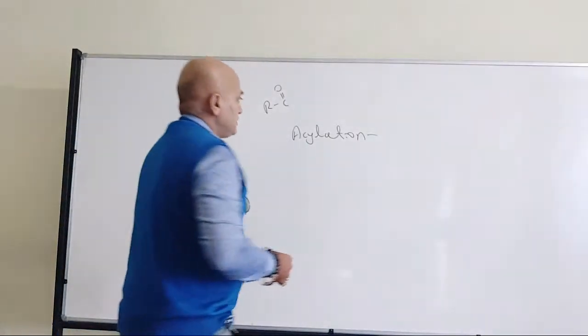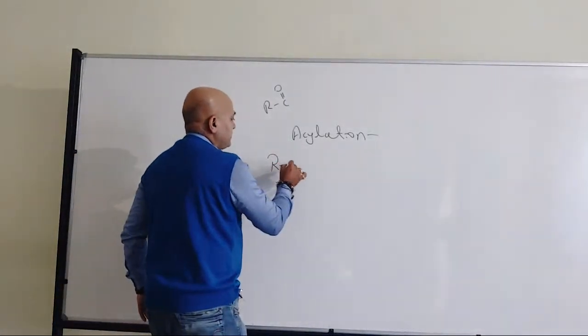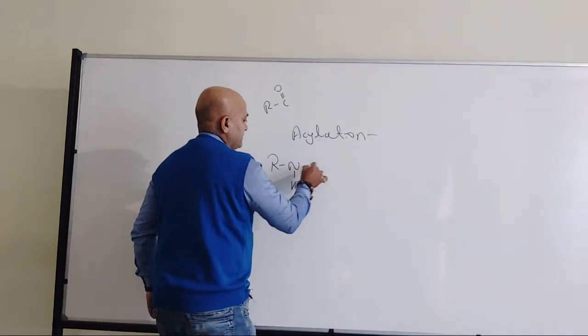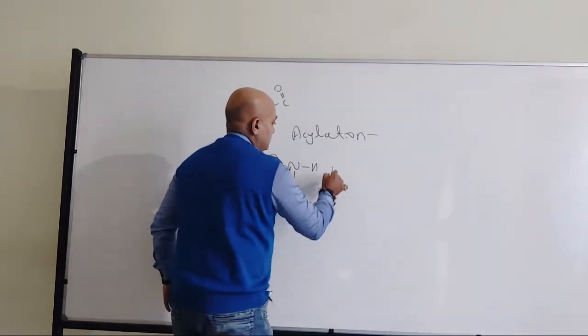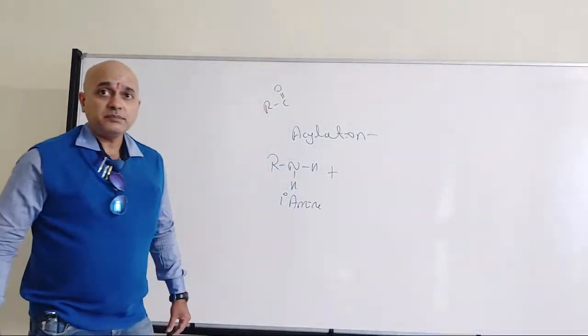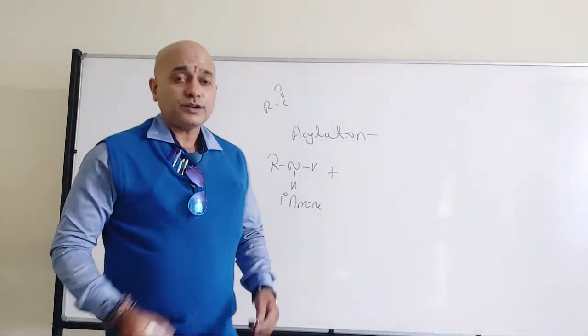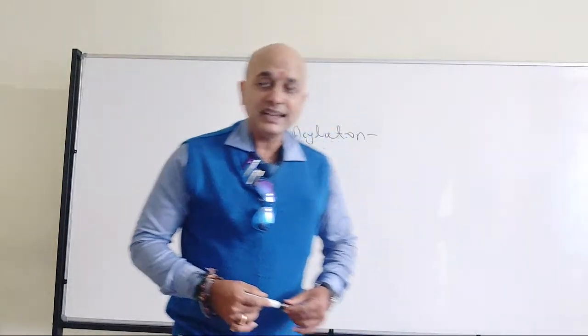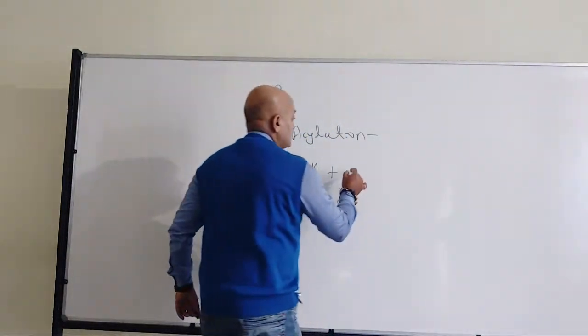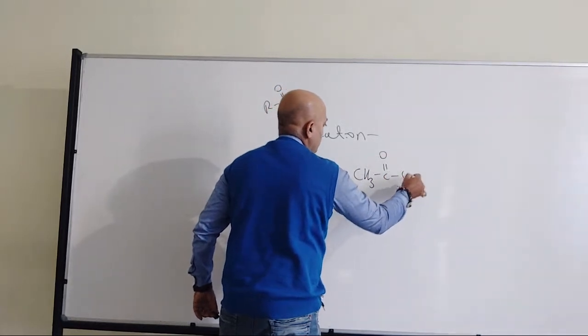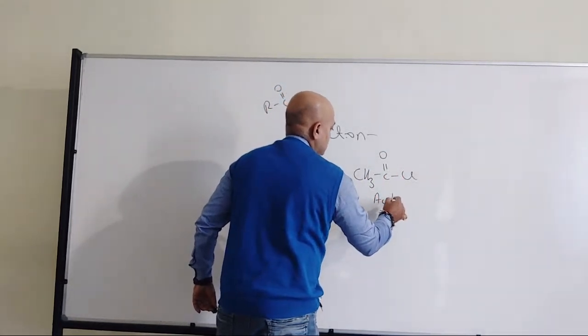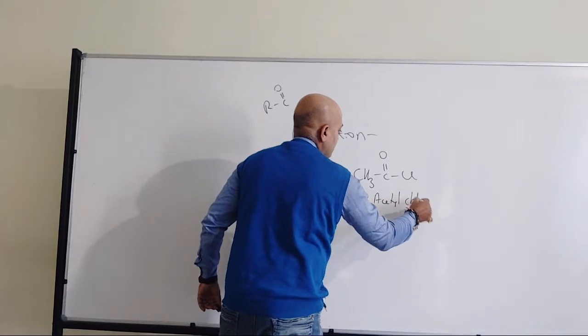Fine. So now if I take primary amines. This is a primary amine. Now it can be easily acylated by using acetyl chloride. It can be acylated by using acetyl chloride. That is CH3COCl. That is nothing but acetyl chloride.